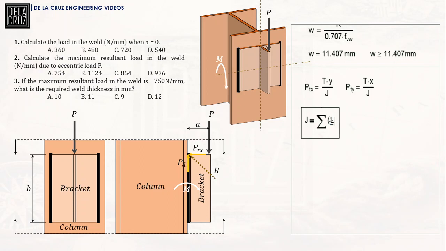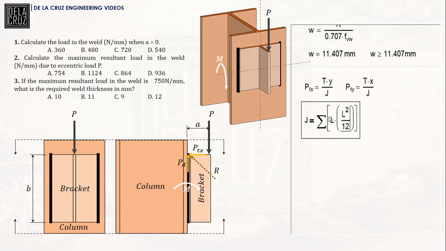Ano yung magiging J natin? So yung J natin, if you try to look at the book, that is equivalent to the summation of L over 12. Sorry. L over 12, that is multiplied by L squared. No, L cubed over 12, if I am not wrong, no? No, L pala siya, then L squared. Ito yung nakikita natin.